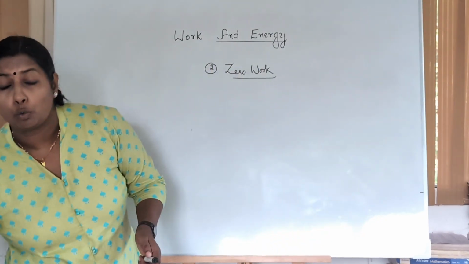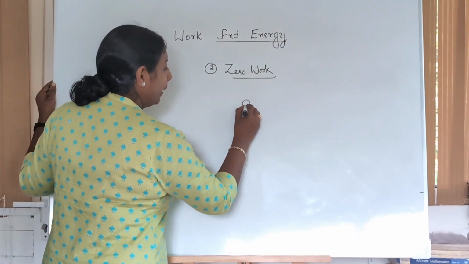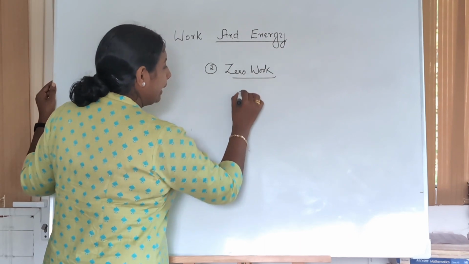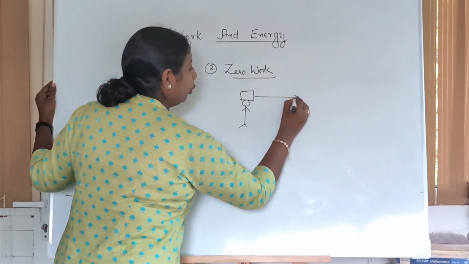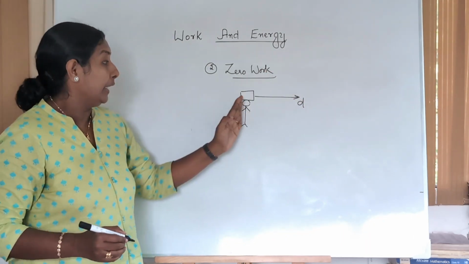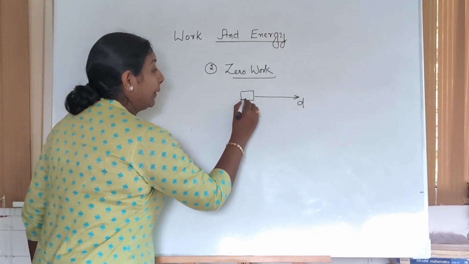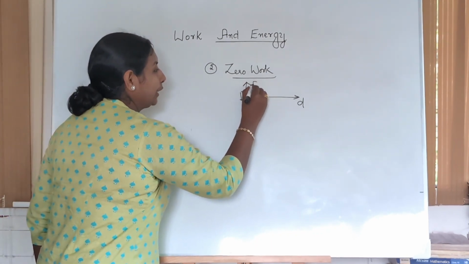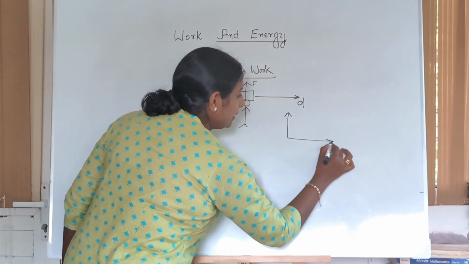Let us think about what is the angle between the force and displacement. Displacement is in this direction, but in order to balance the load on his head, he is applying a force in this direction. So force is in this direction, displacement is in this direction.